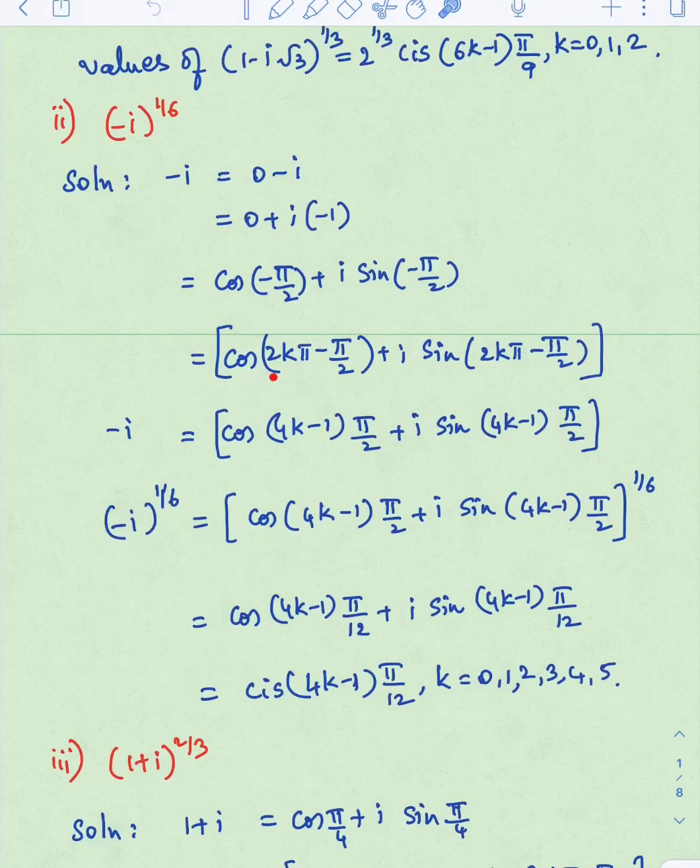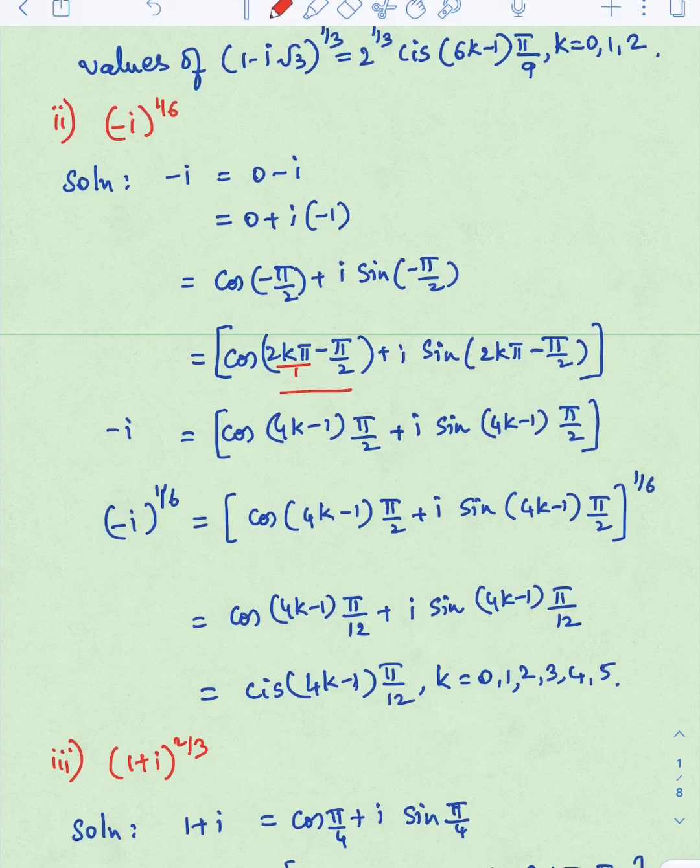And the next step is like this. 2kπ. Next step, -i is equal to this much. Here LCM. After taking LCM, the same 2 comes. Here 4kπ. 4kπ - π means after taking π common you get (4k - 1)π.